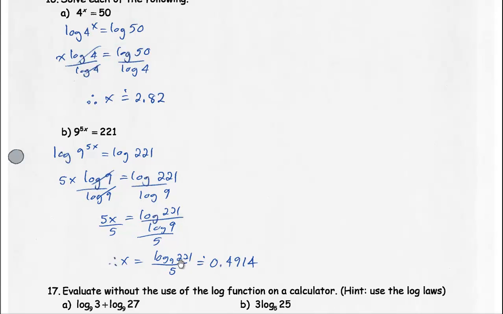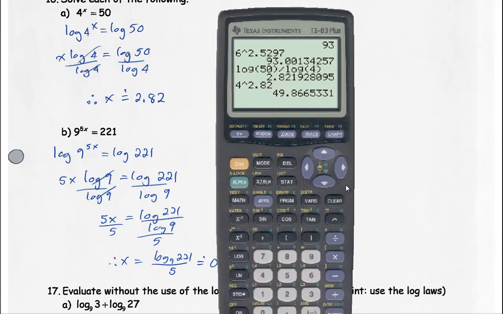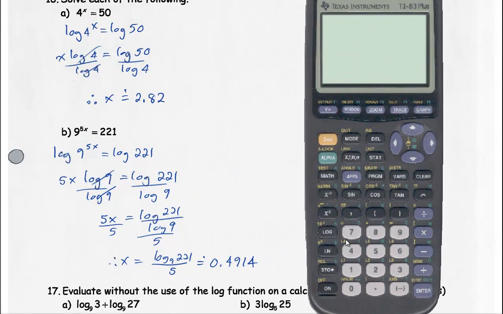Now, this is actually the same as the log of 221 base 9, so you can use the change of base formula to write that as that. But in order to evaluate it, I would still need to use my calculator, the log of 221 divided by the log of 9. And so that's the top part, and then I'm going to divide that by 5.